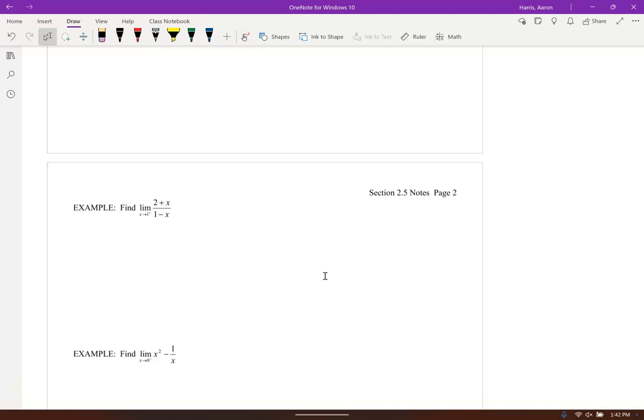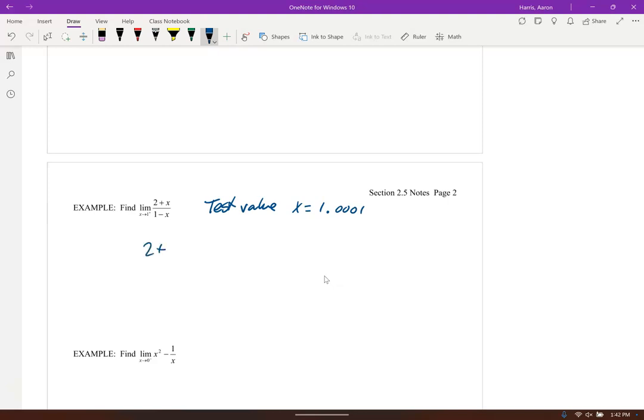Let's take a look at this one here. If we're going to approach 1 from the right, and let's say we do this without drawing a graph, let's test a value. We're approaching 1 from the right, so give me something really close to 1 from the right. So 1.0001, let's say, and I throw it in.